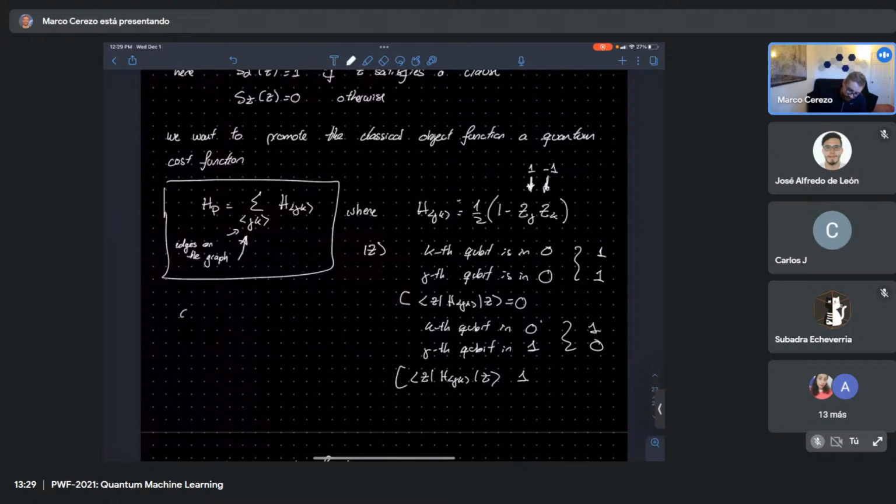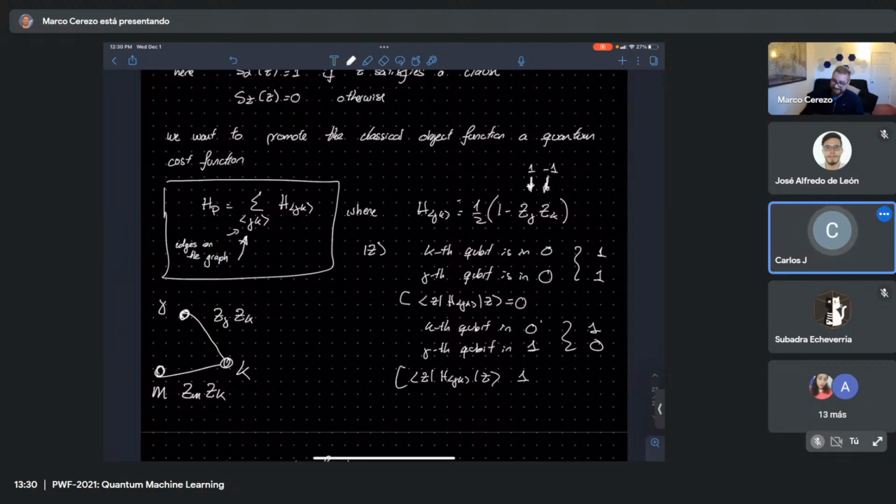For instance, if I have a graph where node j is connected to node k, and then I have node m, then the summation right here is going to have a term zj zk and a term zm zk. It will not have a term zj zm. So you're not adding over all the pairs. You're just adding over the pairs that are determined by your graph. I see. Thank you for that clarification. All right.